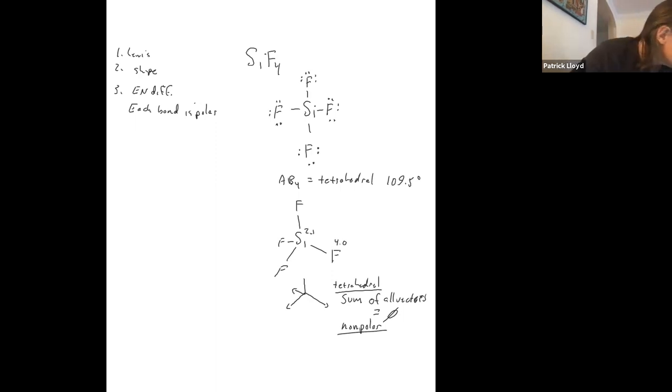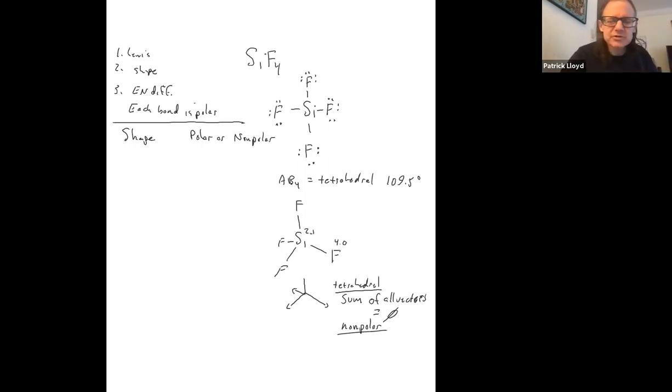Okay. So let me show you the shape and whether it's polar or nonpolar. Because I don't have time, it would take us a couple hours to go through all of this. If it's linear, it's nonpolar.